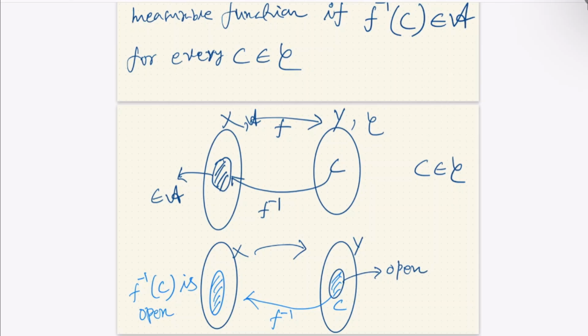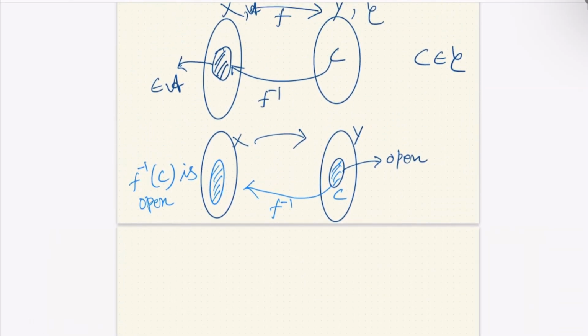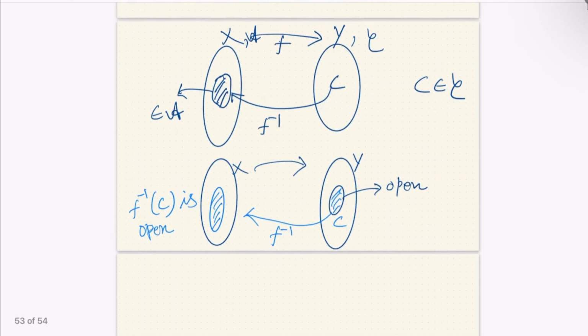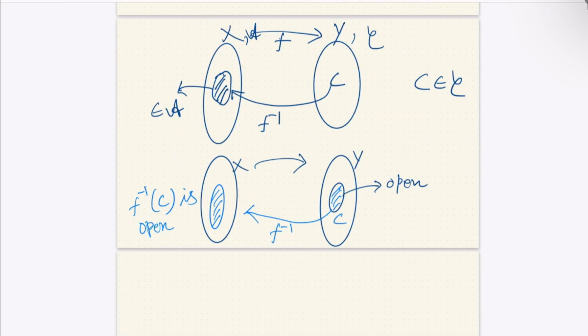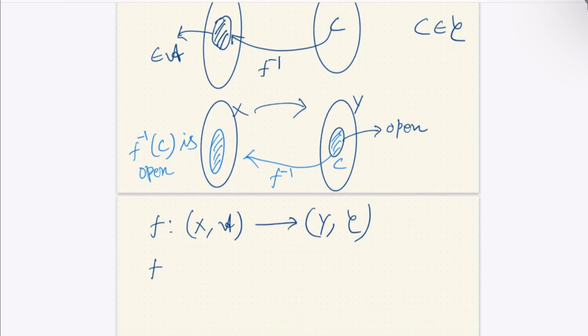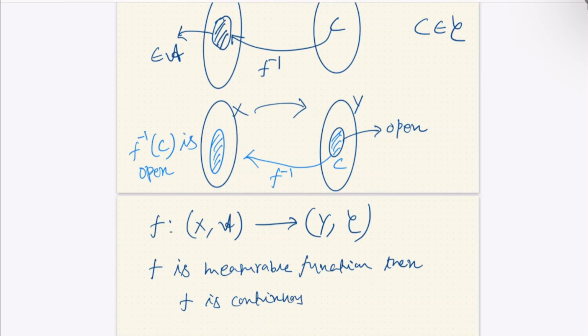Okay, now I will ask a question on top of this one. It is very interesting, and a lot of work we can avoid with the connection between these two. If I have a function f from (X, sigma algebra A) to (Y, sigma algebra C), and f is a measurable function, then is f continuous?